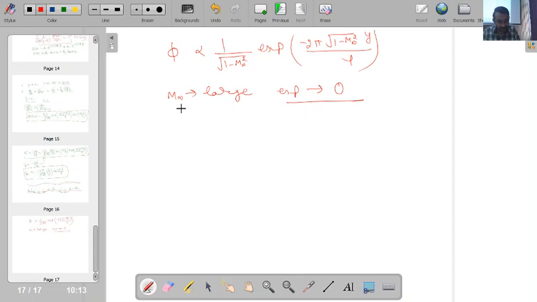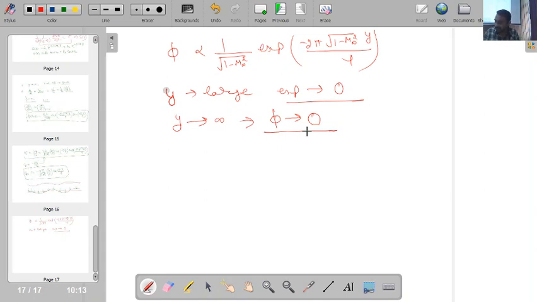First let me do when y is large, say y is approaching infinity. When y is approaching infinity, this term will be 0, and so phi will tend to 0.